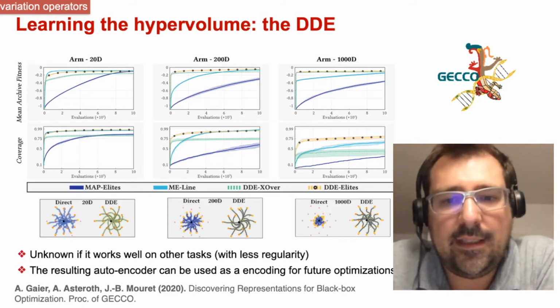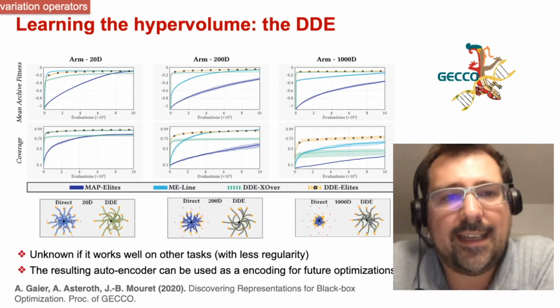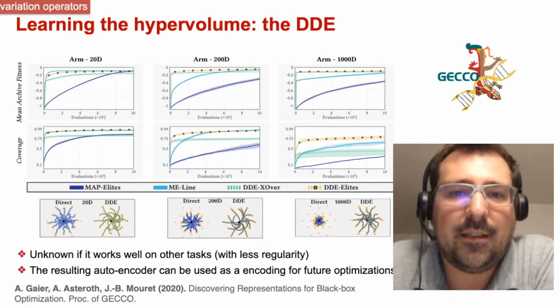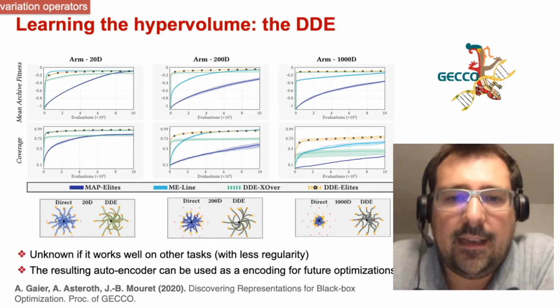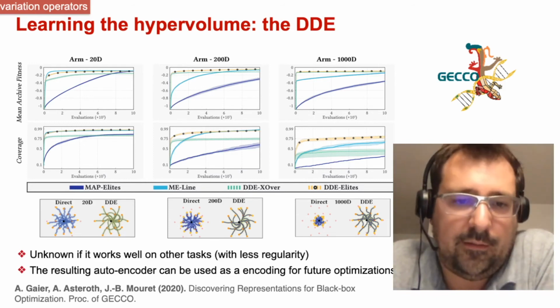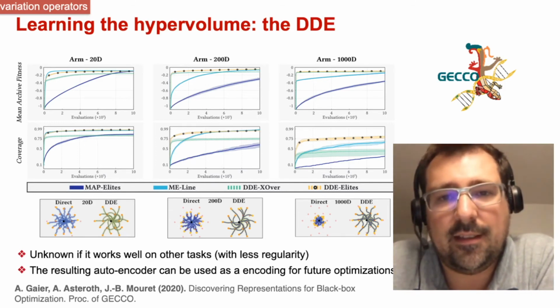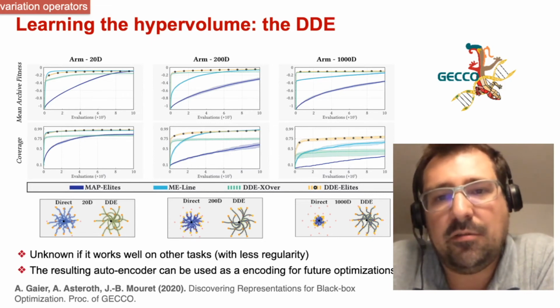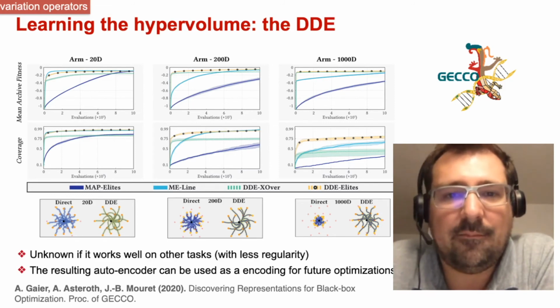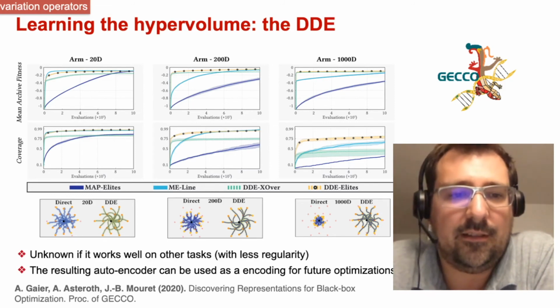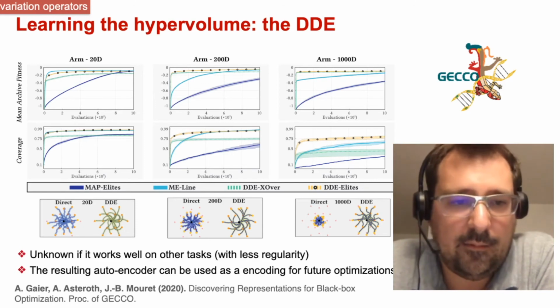So in that case, we still use the same arm, but we try to scale it up to 20Ds, 200Ds, and 1000Ds. That means 1000 degrees of freedom. And what we observed is that when we use the autoencoder, because it finds like the recipe for good solution, you can essentially use very high dimensional search space, and you mostly get the same result at the same speed as what we get with lower dimensional problems.